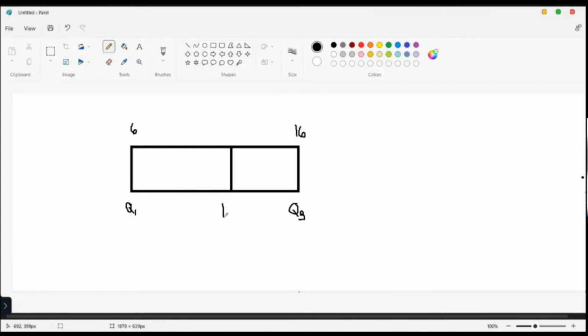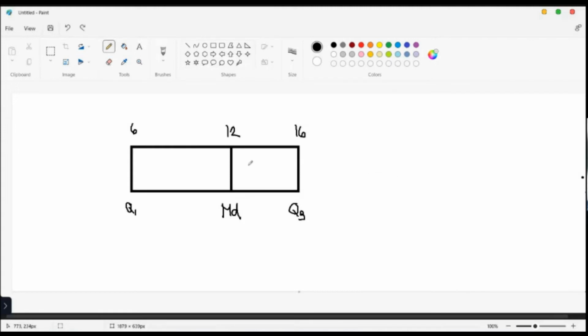So median, let me just use MD. Our median is 12. All right. Next, the whiskers. Now, let us be specific with the length of whiskers as well. So, ano yung mas mahaba? Is it the right whisker or the left whisker?